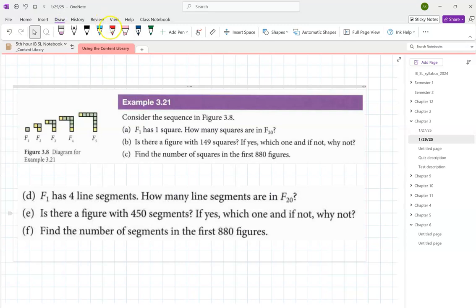F1 has 1 square. F2 has 3 squares. F3 has 5 squares. F4 has 7 squares. F5 has 9 squares. Ask how many squares are in F20.